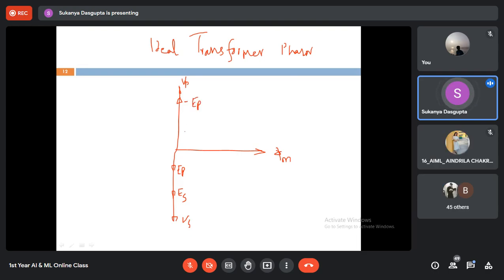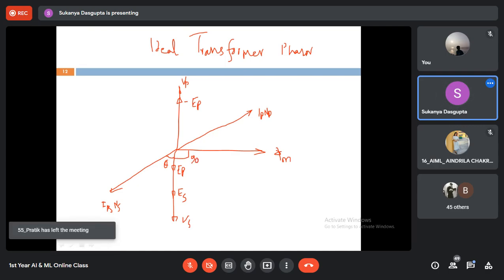And here magnitudes are definitely the same. The magnitude of VP, EP must be the same. The magnitude of EP, ES, VS must be the same. The magnitude of IP, NP should be equal to IS, NS. Now, is it clear to everyone?